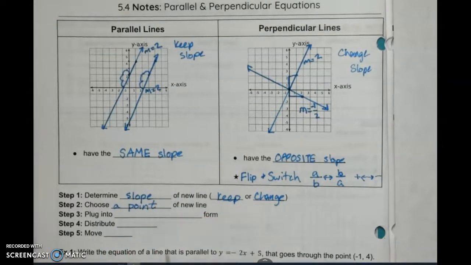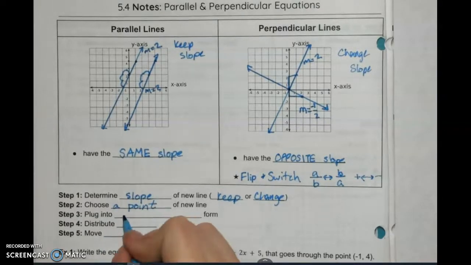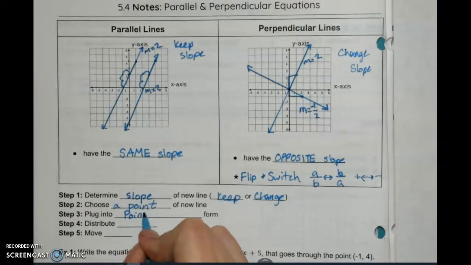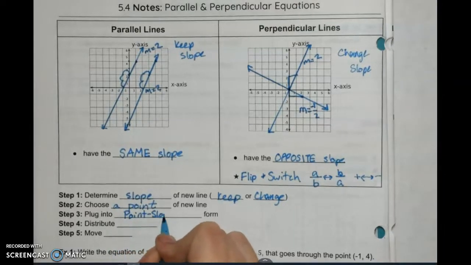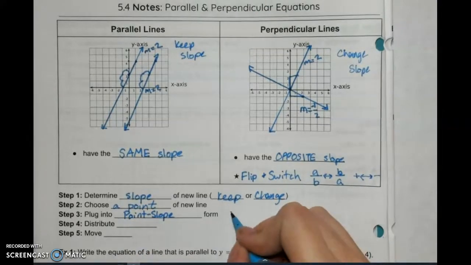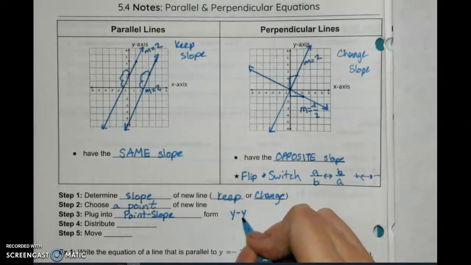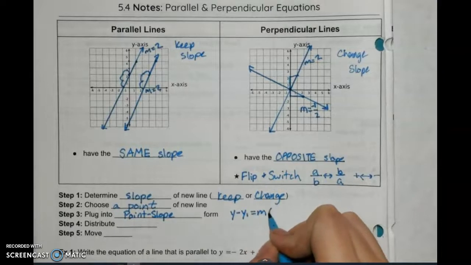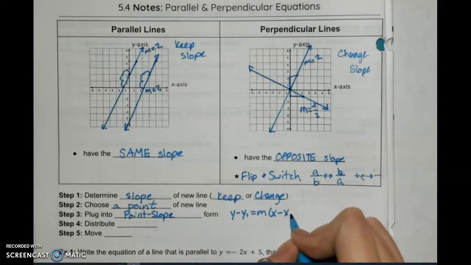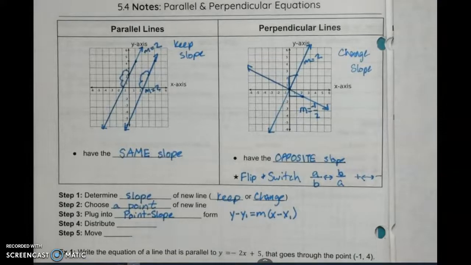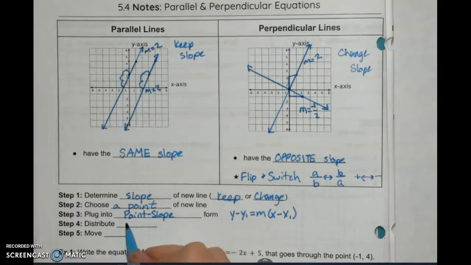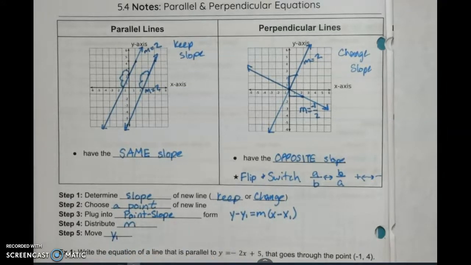Sometimes they'll give you multiples. Sometimes you only have one to choose from. And then since we have a point and a slope, we're going to plug into point-slope form. Point-slope form was y minus y1 equals m times (x minus x1). Then we can't graph it the way it is, so we want to get it into y-intercept form. So we're going to distribute m and move y1.